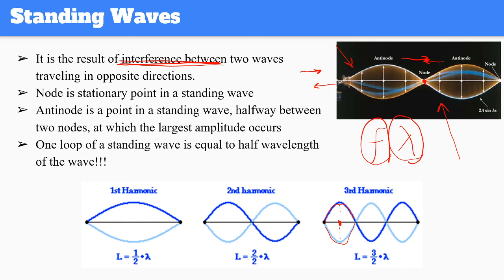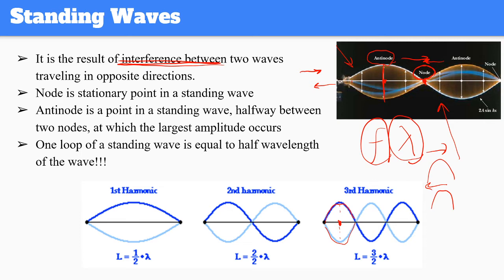So then you're going to see this point not moving, and we call this point a node. And at this point, you're going to see two waves, the going wave and the returning wave. They're always going to interfere constructively, and it's going to create the maximum amplitude it can get, and we call it an antinode.